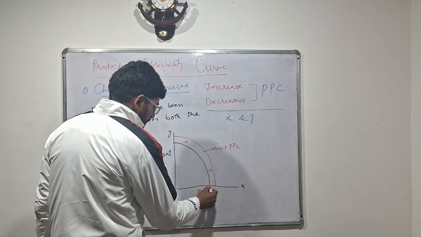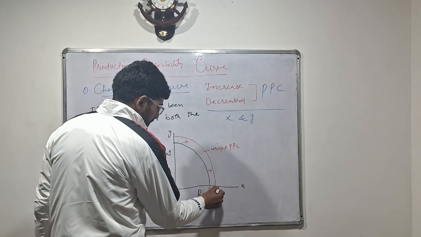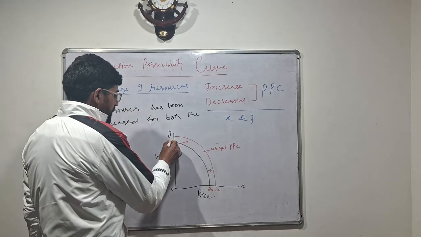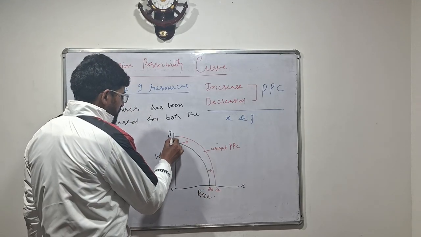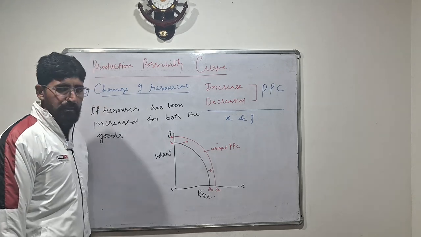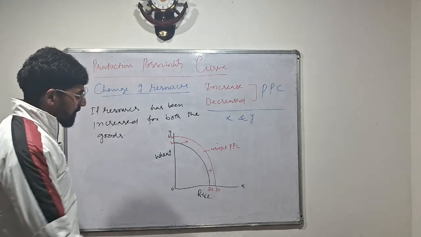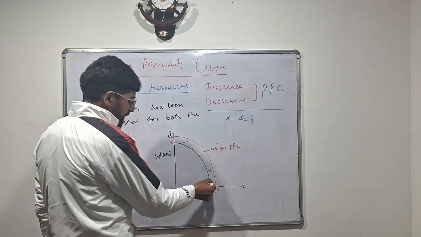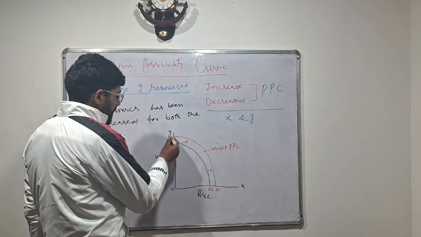For example, 20 to 30 here, 30 to 40 there. Meaning on both axes, the x-axis and y-axis, due to increasing resources, production has increased from 20 to 30 here, 30 to 40.